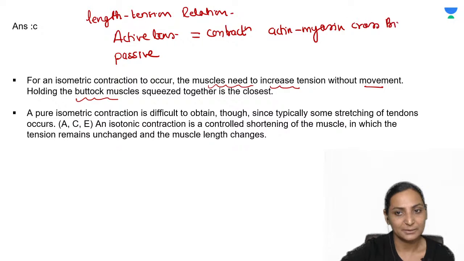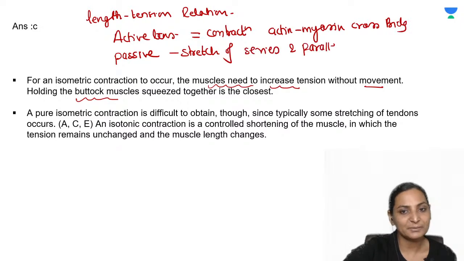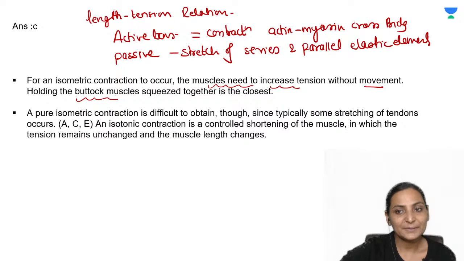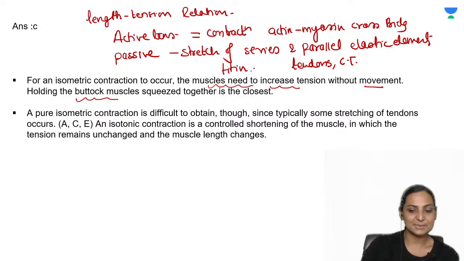Whereas passive tension is basically stretching of the series elastic elements and the parallel elastic elements of the muscles. That is the stretching of the tendons, the stretching of the connective tissue, and very important, titin, that is an elastic protein of the muscles.